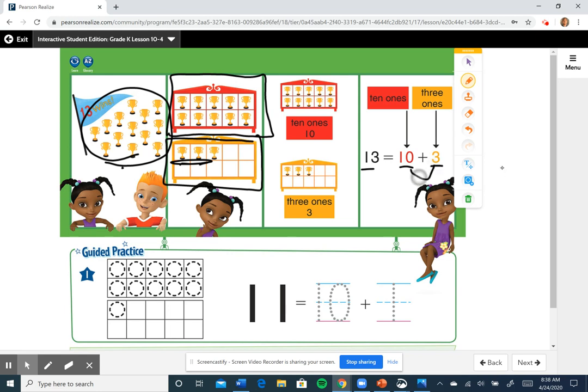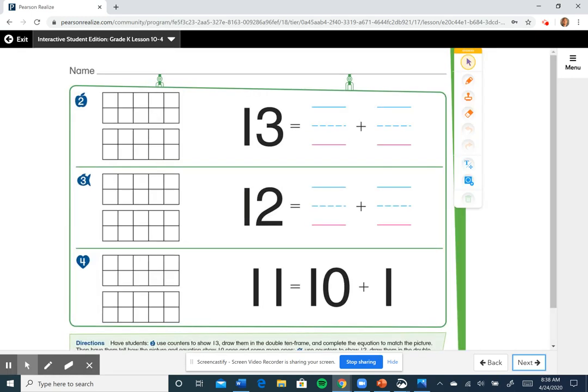Notice how the 3 just replaces the 0. Okay, so here we have 11, and it equals 10 plus 1. Notice how they just moved the 1 over to the 0, and it's 11. Awesome, you can go to the next page.